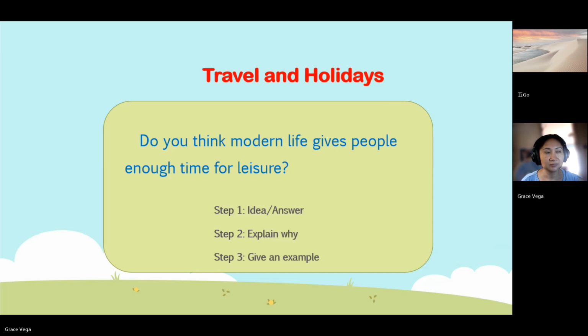Yes, I think in modern life, life gives people enough time for their hobbies or their favorite activities to enjoy the outdoors. Why do you think modern life can give people enough time for those activities?